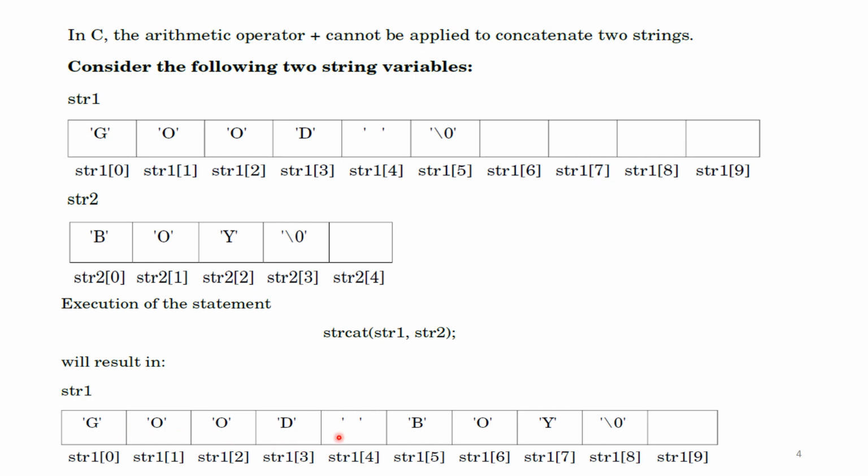Here you can see that the null character at the end of str1 is replaced by the first character b of str2, and the resultant string is now in str1, but str2 will remain unchanged.